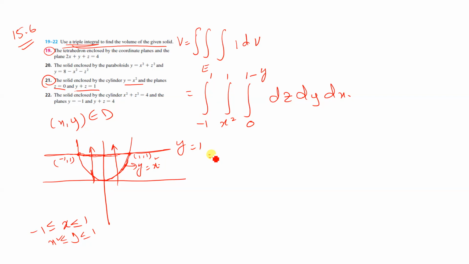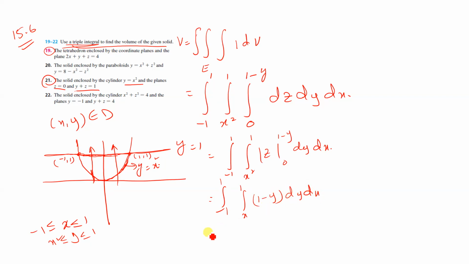Let's do the integration part as well. For this, negative 1 to 1, x square to 1, we have to integrate with respect to z first. So the integral of 1 is z, and limits are 0 to 1 minus y, dy dx, and this is equal to negative 1 to 1, x square to 1. When z is 1 minus y, this becomes 1 minus y. When z is 0, this becomes 0, so we are left with 1 minus y only, dy dx, and this is equal to negative 1 to 1.